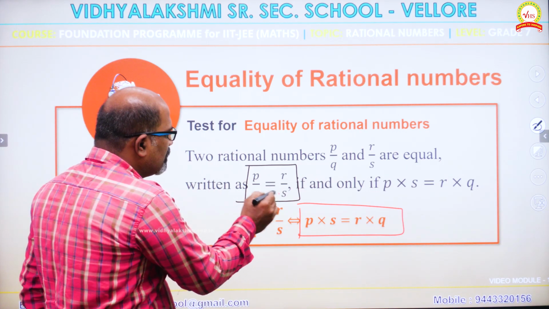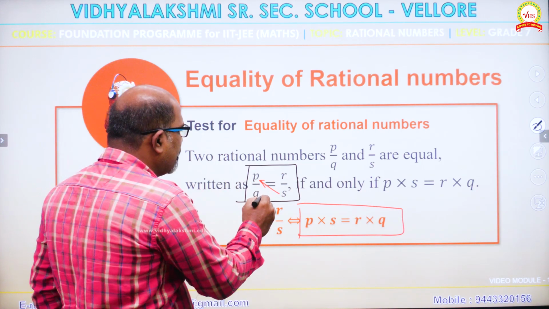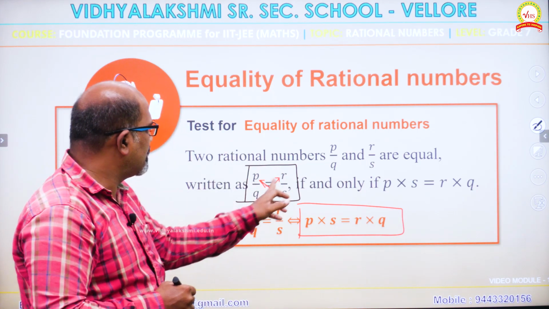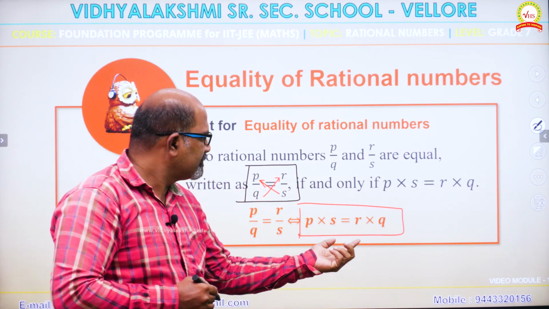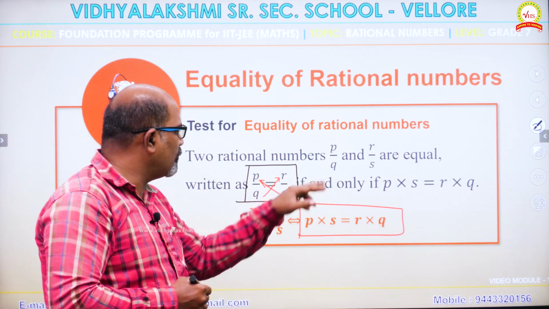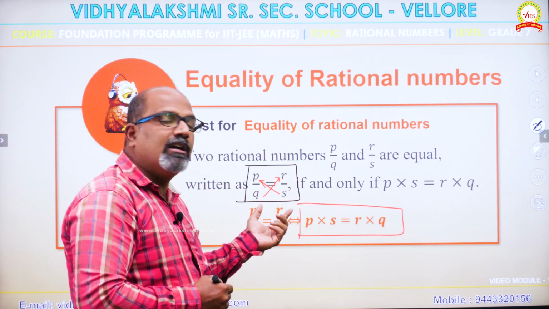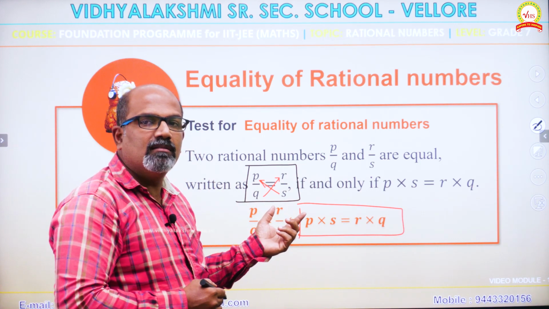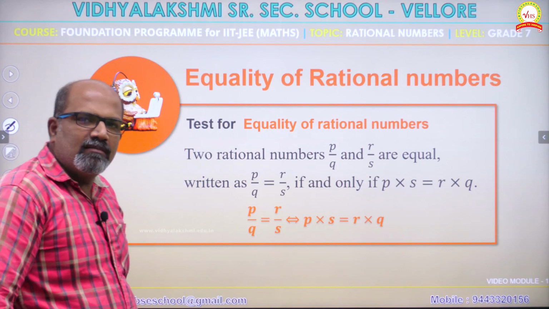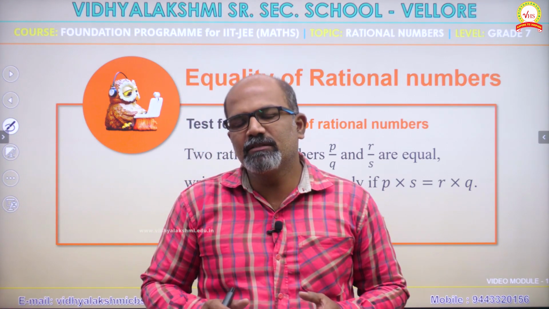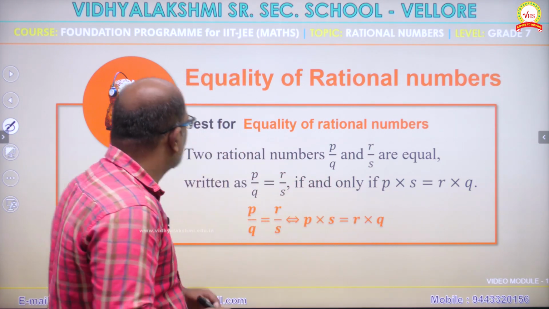When you make cross multiplication, it becomes p multiplied by s on one side and q multiplied by r on the other. This relation has to be satisfied: p multiplied by s and q multiplied by r must be equal for the given two rational numbers to be equal. Then next we are going to study some specific properties of rational numbers related to arithmetic operations.